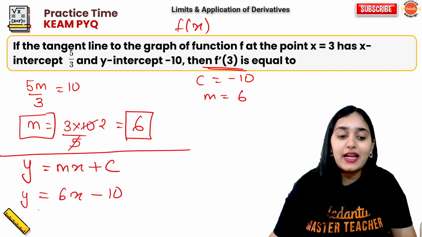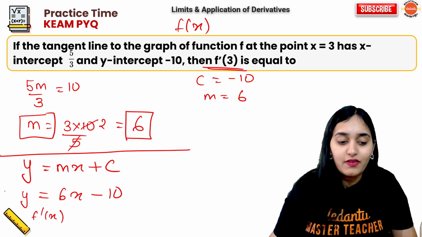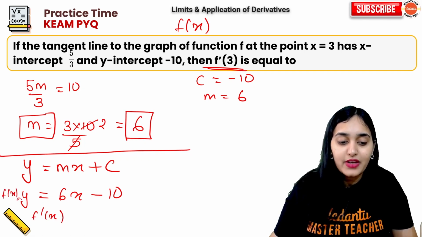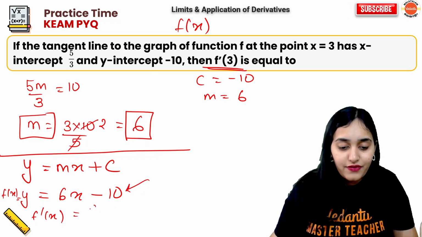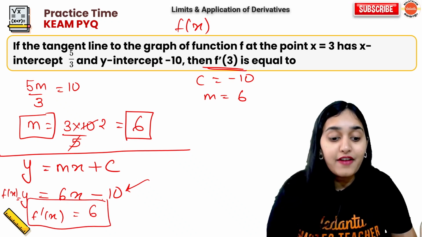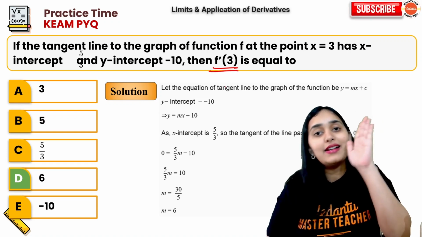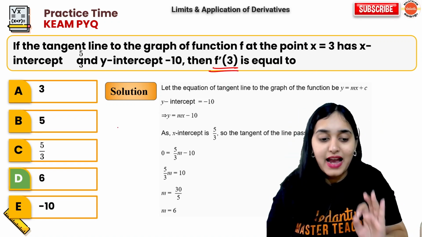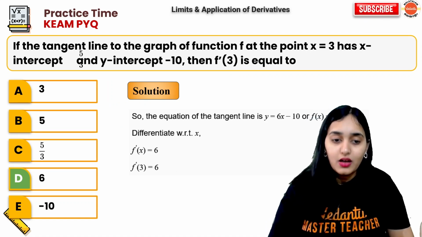Now you differentiate it. So, f dash of x. What is y? Y is fx. So, f dash of x is you differentiate this. 6 differentiation is 6, minus 10 becomes 0. So, f dash of x is 6. So, f dash of 3 will be 6. Clear to all of you?